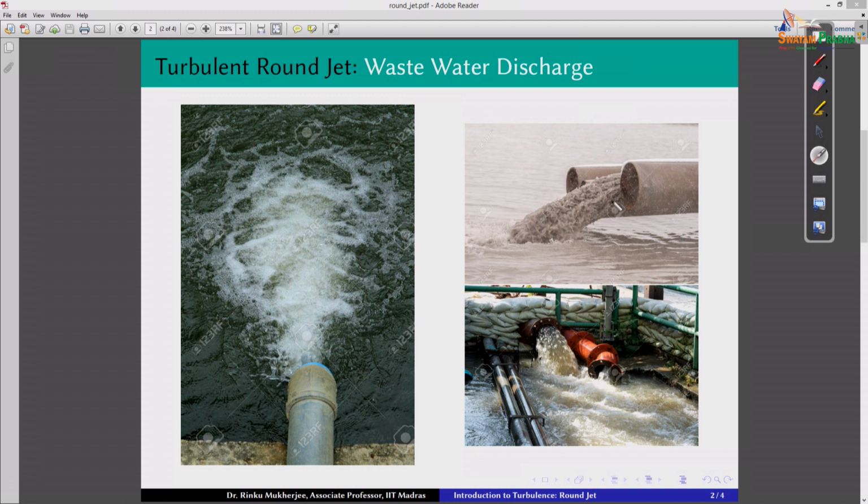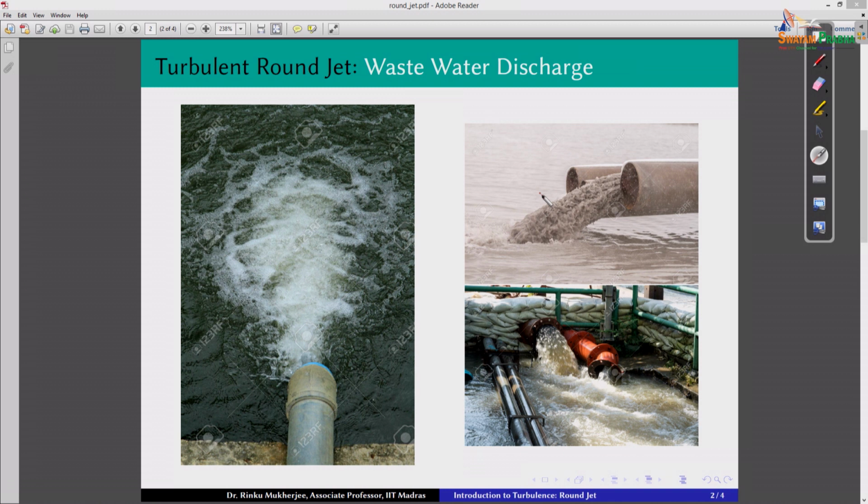Given in 1 hour, you're placing so much wastewater into the river. So how exactly is this going to move, and where is this going to land up, right? That's the type of questions we will need to figure out, and that's the type of questions we will try to answer.